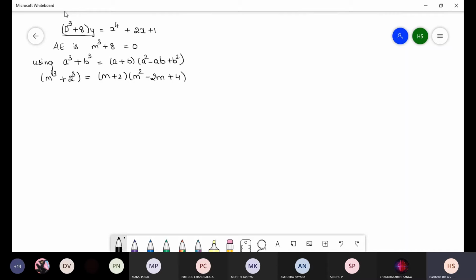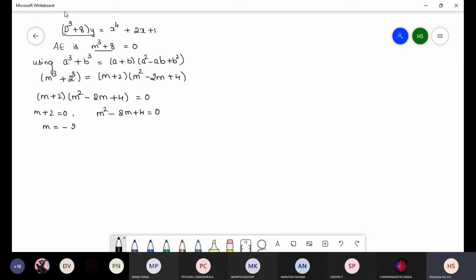So I will write m cube plus 8 as (m plus 2)(m square minus 2m plus 4) is equal to 0. Now m plus 2 is equal to 0, and again m square minus 2m plus 4 is equal to 0.